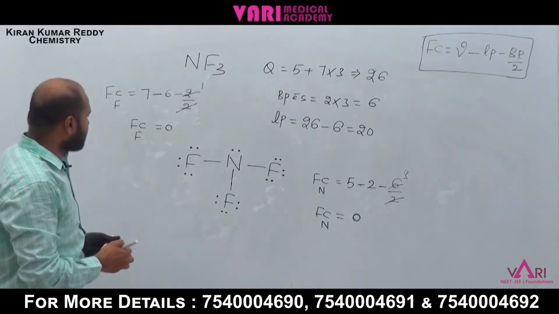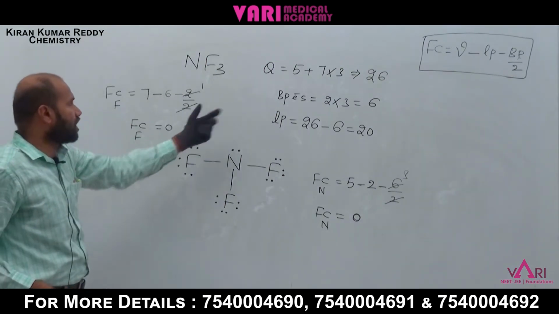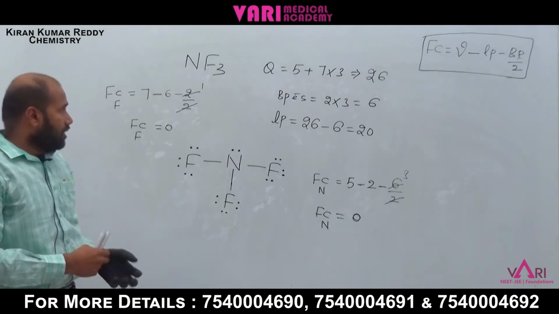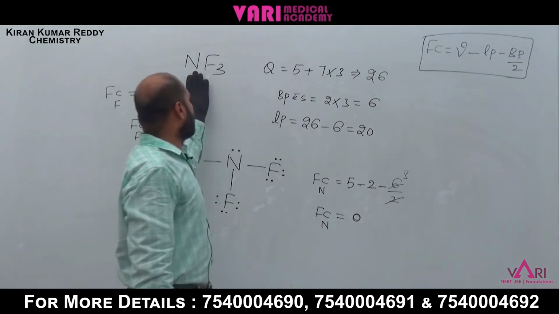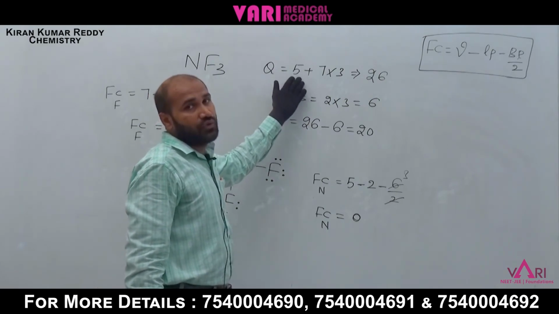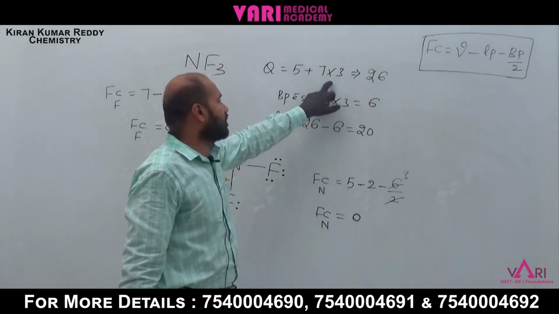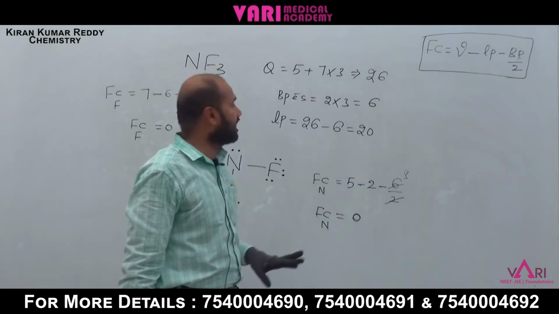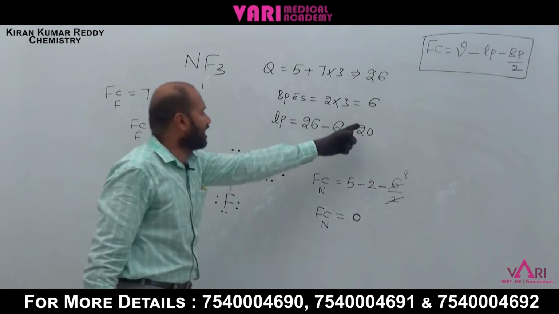Next, take another molecule, HNO3. Understand, students, this one was NF3. Nitrogen is in the 5th group and fluorine is in the 7th group. 7 times 3 is 21, plus 5, 26, I have written. Bond pairs: 1, 2, 3, 3 times 2 is 6, and the rest are lone pairs.